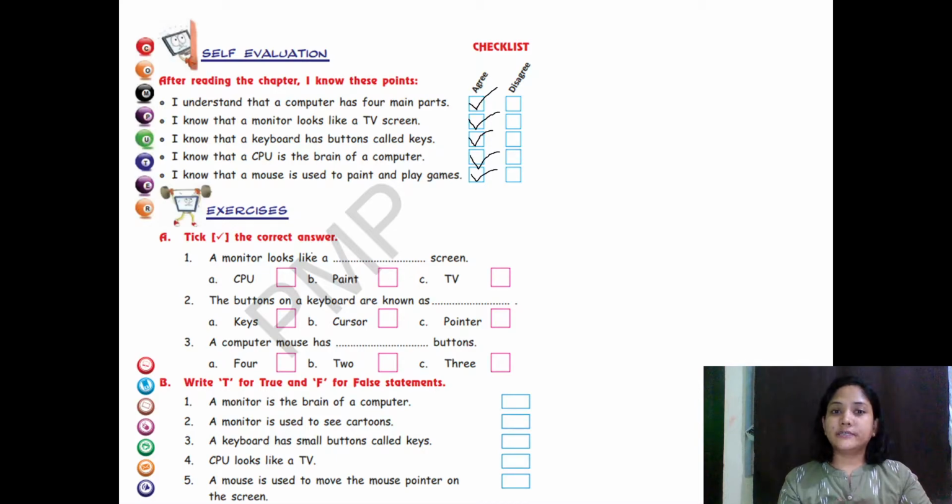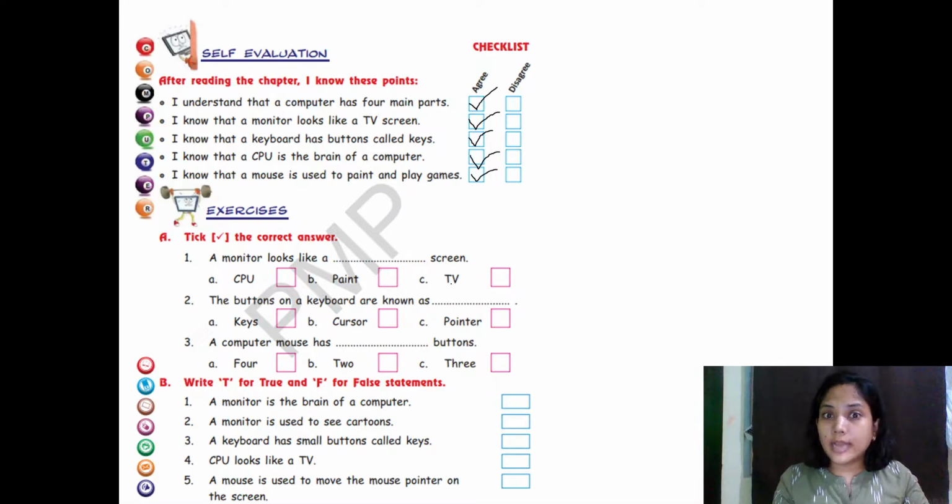Now, children, when I say one question, you can pause the video. Okay, if you are sitting with your parent, ask them to pause the video and then you can answer. Now see here, take the correct answer. A monitor looks like a dash screen. Does it look like a CPU screen? Does it look like a paint screen?